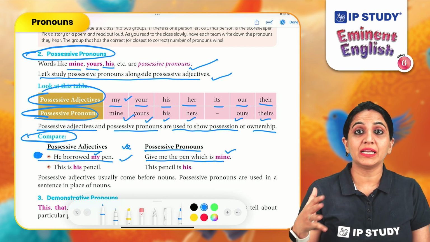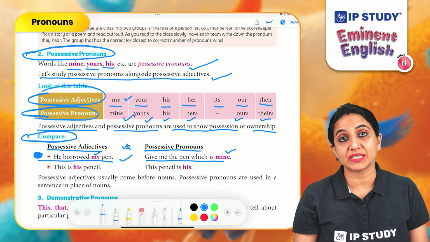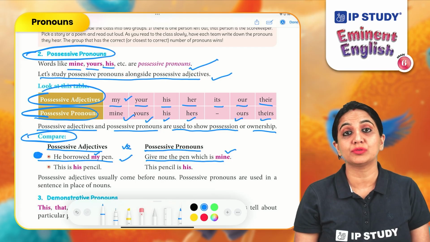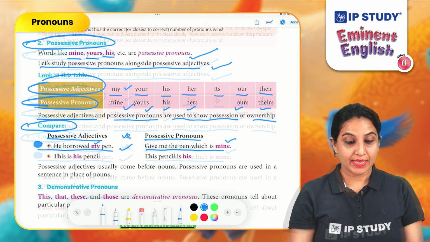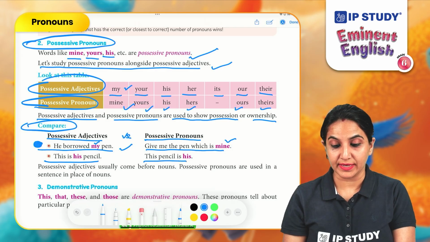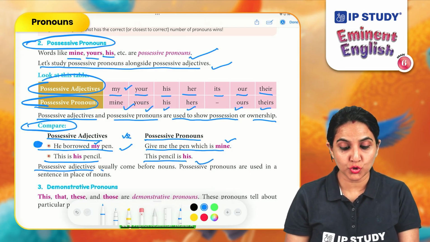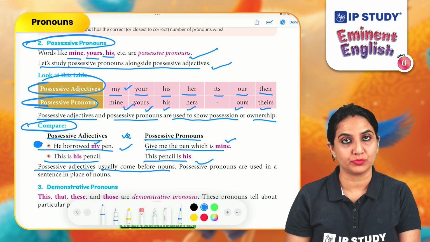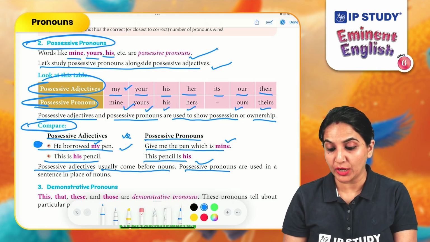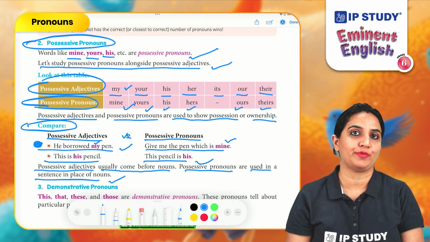Possessive pronoun is helping us to show the possession with the nouns, whereas possessive adjectives are adding the possession to the verbs. This is his pencil. This pencil is his. Possessive adjectives usually come before nouns. Possessive pronouns are used in a sentence in place of nouns.